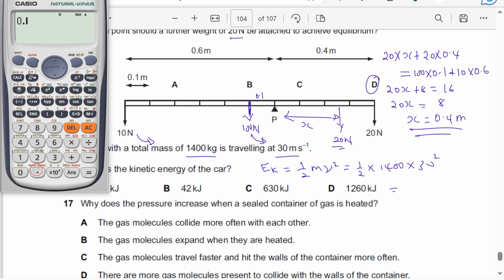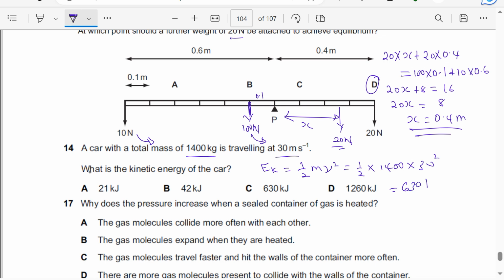So a half is 0.5 times 1,400 times 30 squared. So that is 630 kilojoules, or 630,000 joules. So the answer is C.